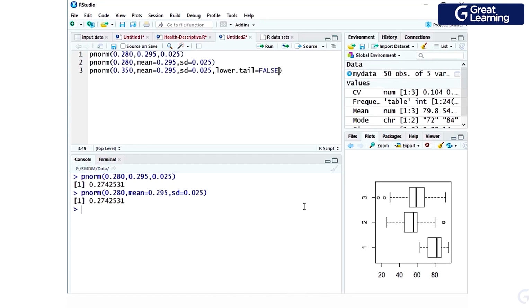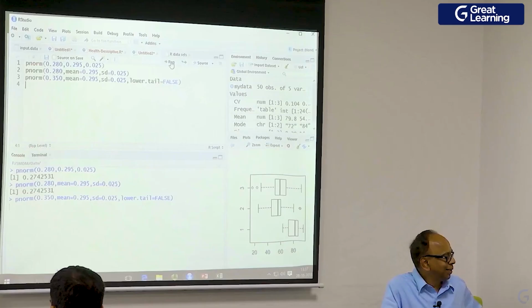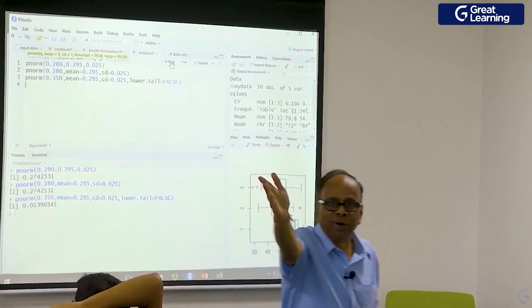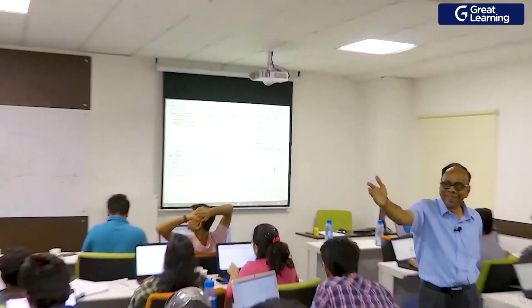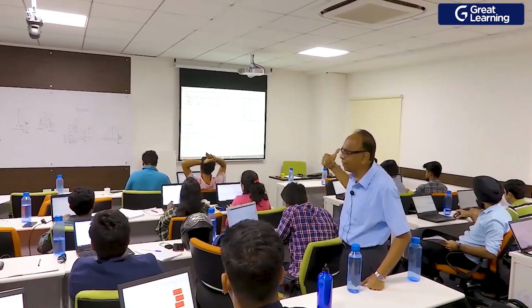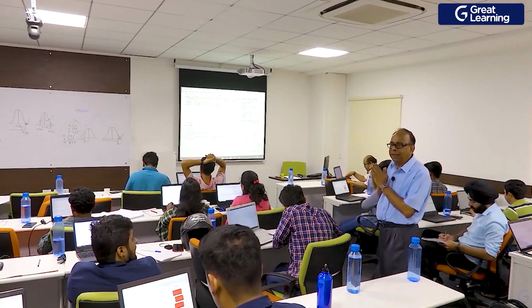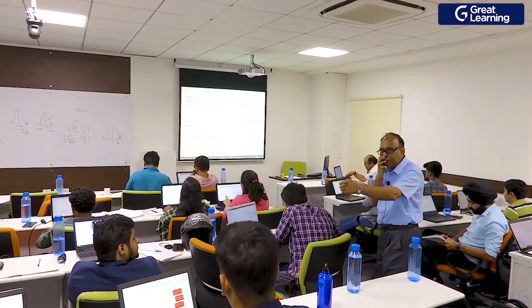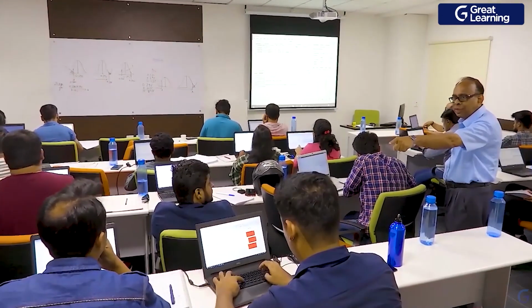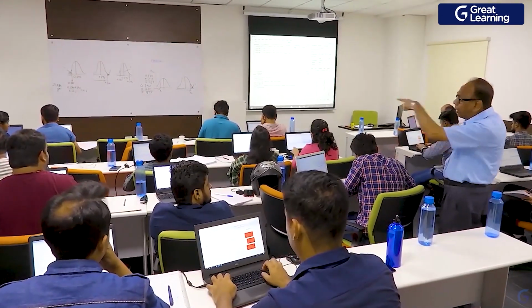Straight answer, which pleases our friend. Directly you are getting it. With lower.tail equal to FALSE, I don't have to subtract. In Excel we don't have the luxury. Here, because by default it takes lower.tail, I get your point. The upper tail it does directly here in R, so the confusion is resolved. There you have to remember.